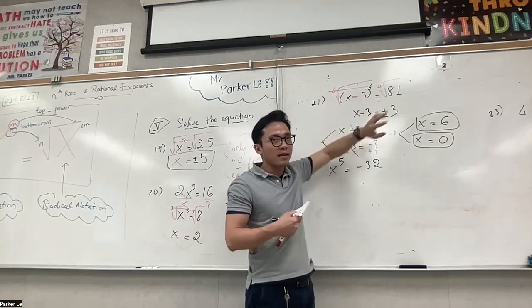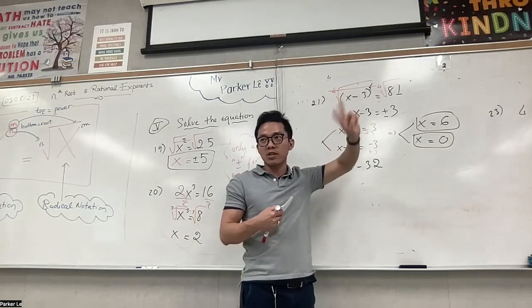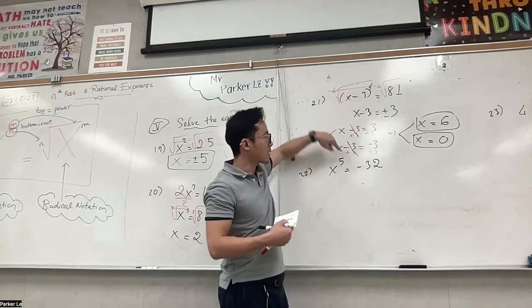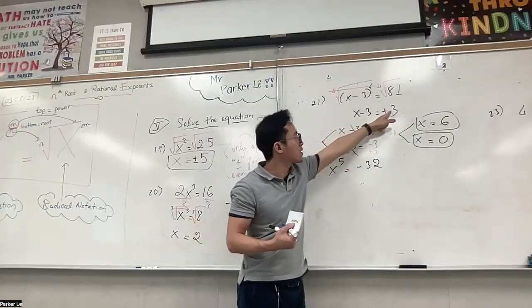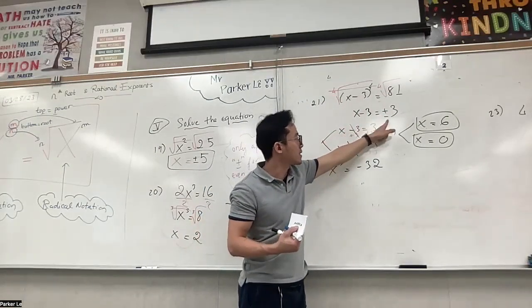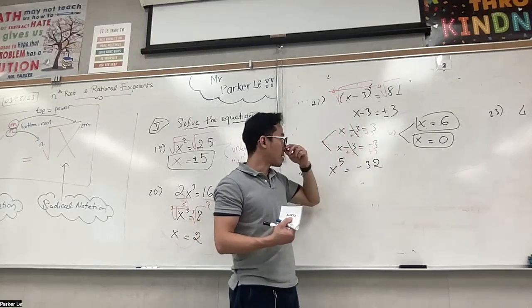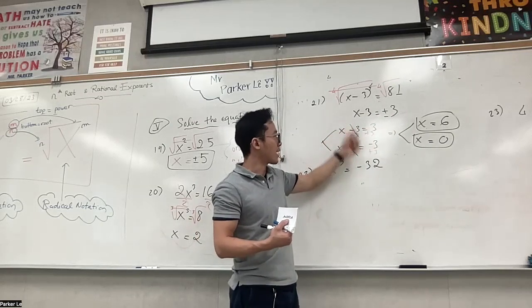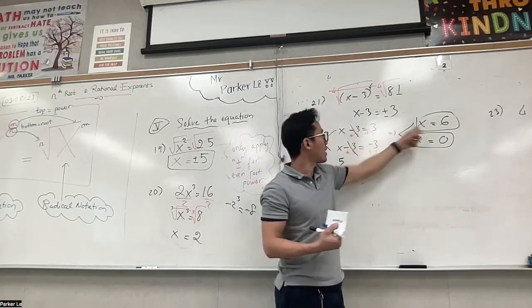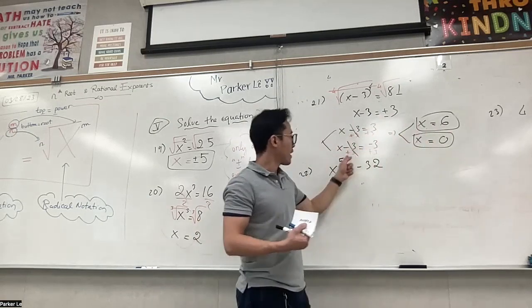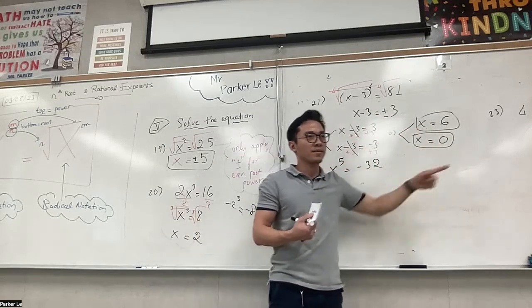That means I have two different solutions, so I wrote them separately. x minus 3 is positive 3, and x minus 3 is negative 3. Because I want to solve for x, I need to cancel the negative 3, so I add 3 on both sides. 3 plus 3 is 6, and negative 3 plus 3 is 0.